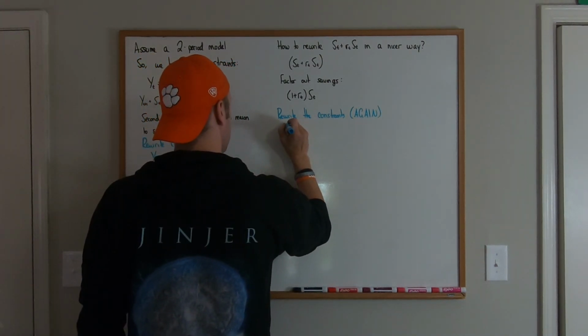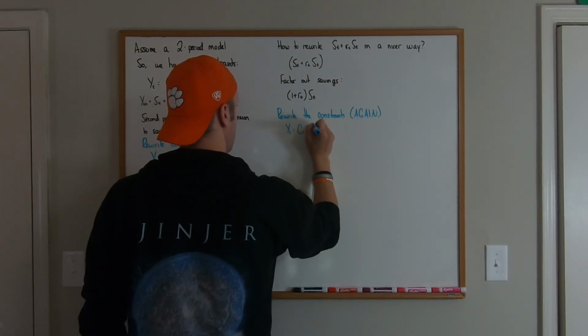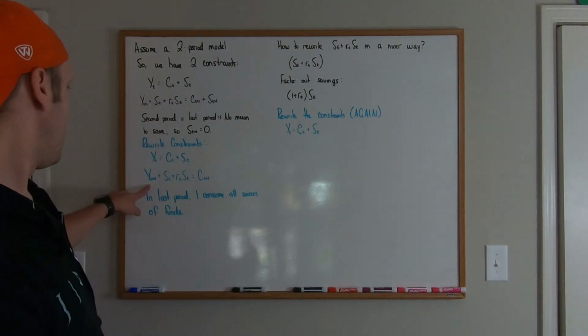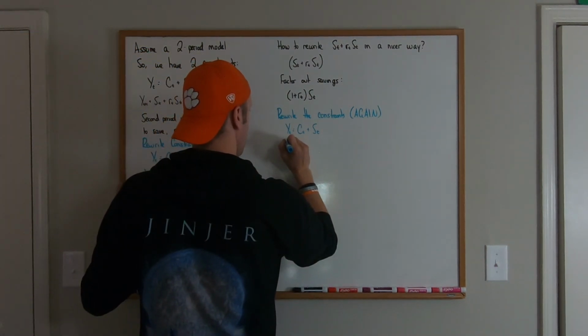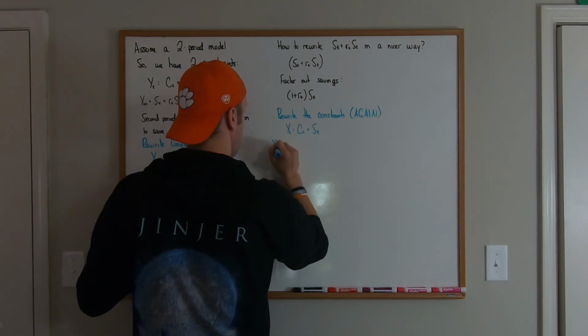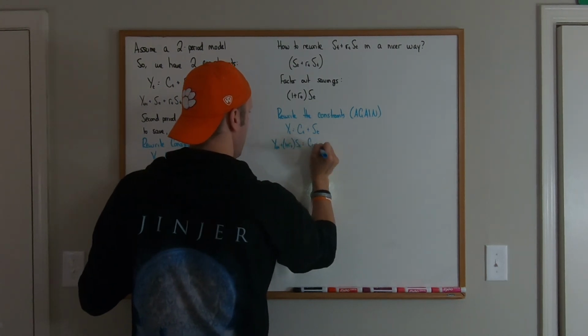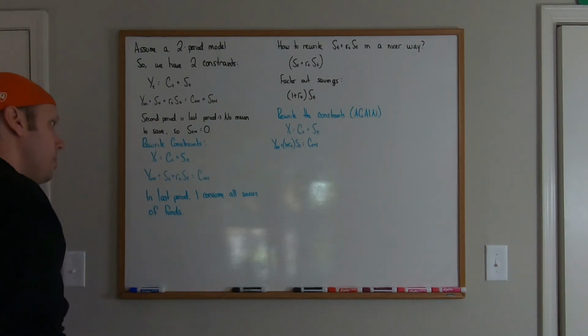Well, the first period's constraint is still the same, y_t equals c_t plus s_t. The second constraint is that y_{t+1} plus (1 plus r_t) times s_t equals c_{t+1}.